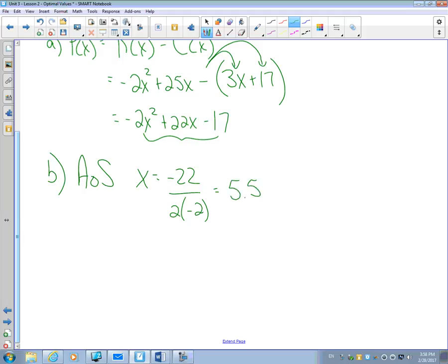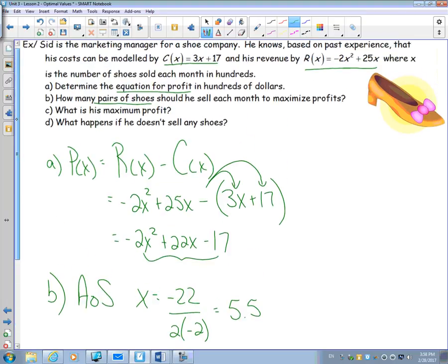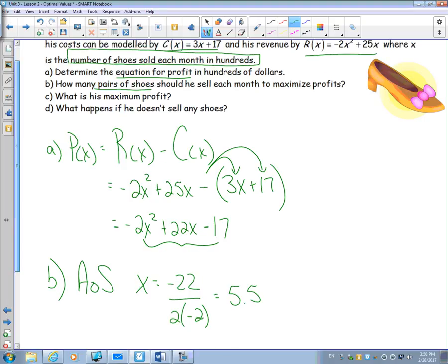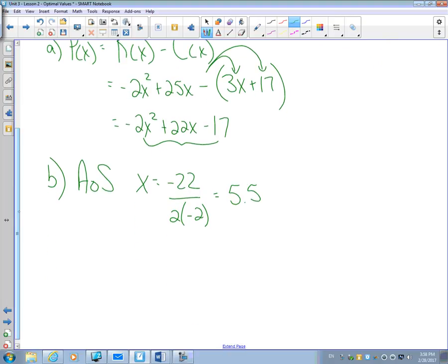Now, in the question, it actually said that x represents the number of shoes in hundreds. So when we say 5.5 is x, this really means 550 pairs of shoes maximize the profit. As we have to interpret our answer.